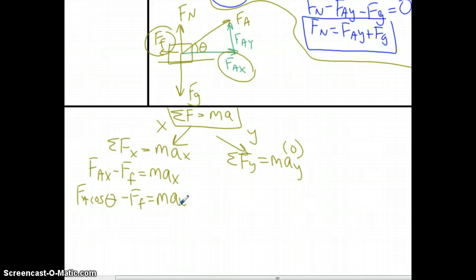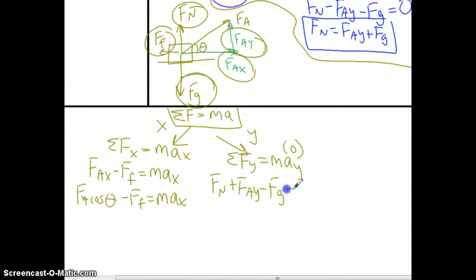Now for the y's, what do I have? Normal, FAY, FG. Plus FAY minus FG, 0.